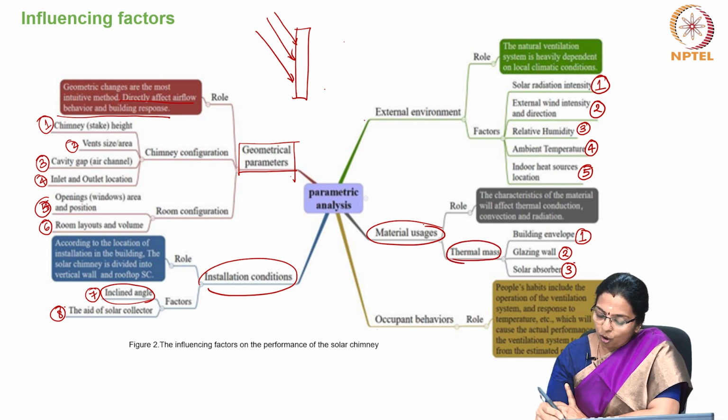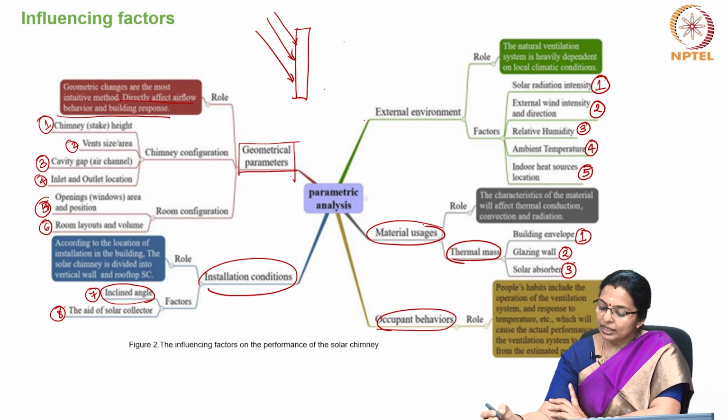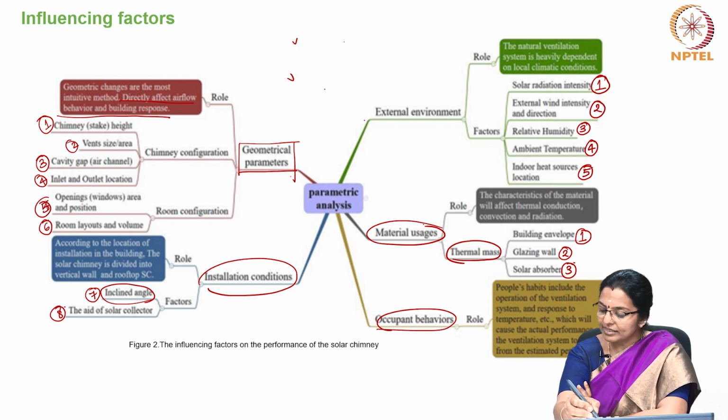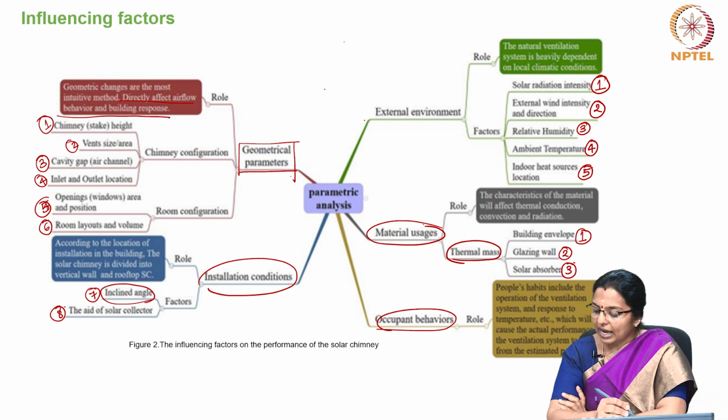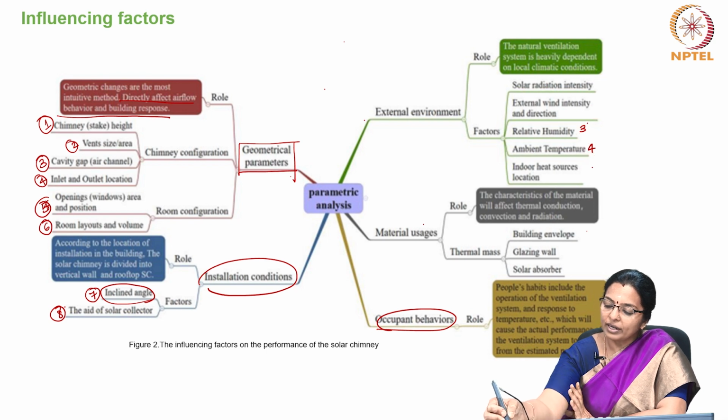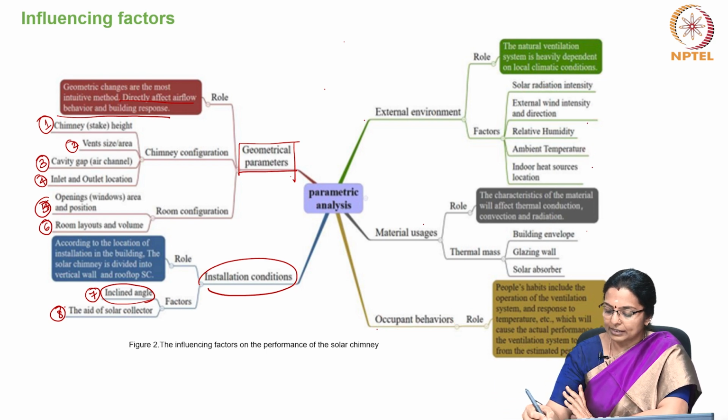And then the occupant's behavior. People's habits include the operation of the ventilation system and response to temperature, etc. This will cause the actual performance of the ventilation system to differ from the simulated or estimated performance.